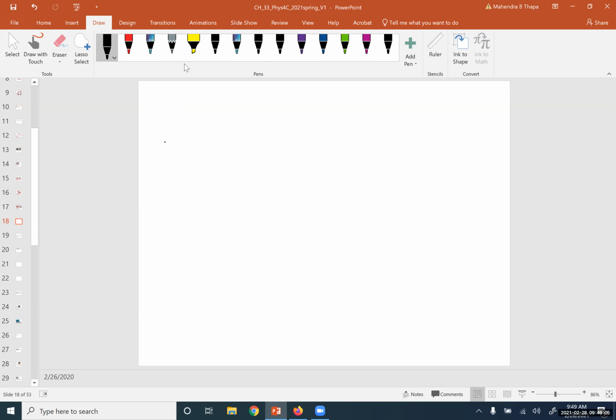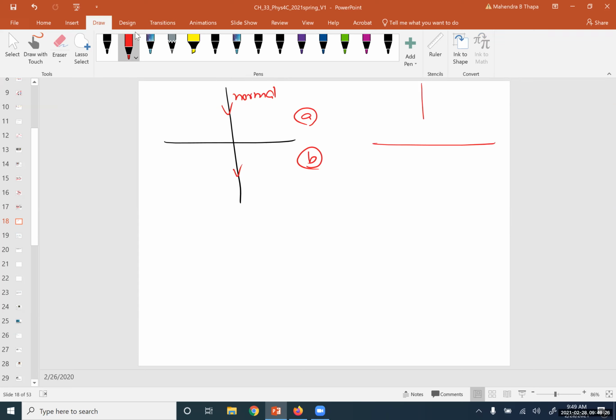Based on that, if any ray passes through the normal, say I'm taking medium 1 and this is medium 2, it passes straight without bending. For the other case, say this is the rarer medium and medium 2 is the denser medium.